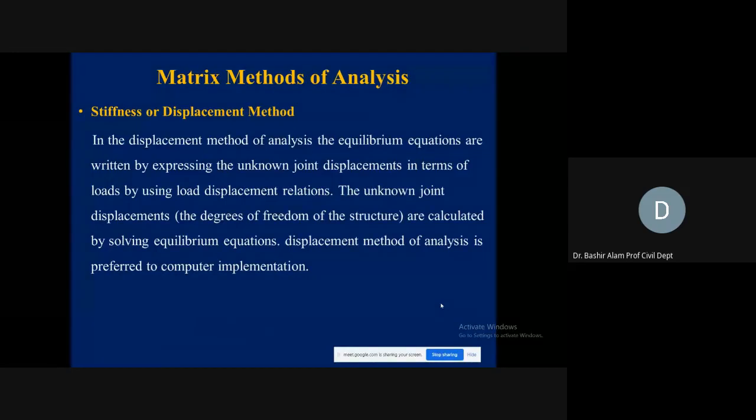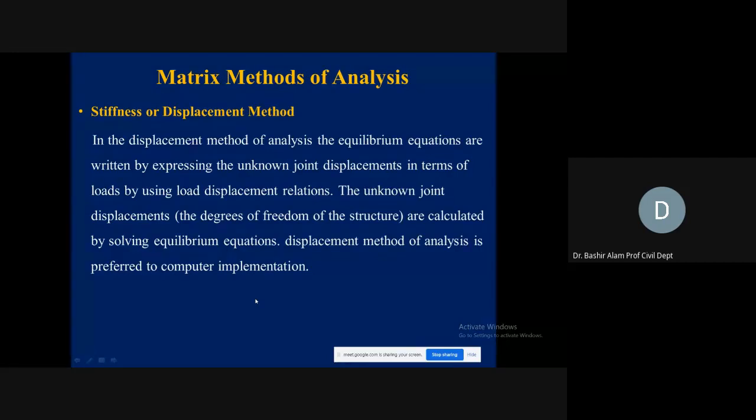There we had unknown actions, but here we have unknown displacements, which are the degrees of freedom of the structure, calculated by solving the equilibrium equations. So here we solve the simultaneous equilibrium equations. The displacement method of analysis is preferred for computer implementation. It's a very organized method.